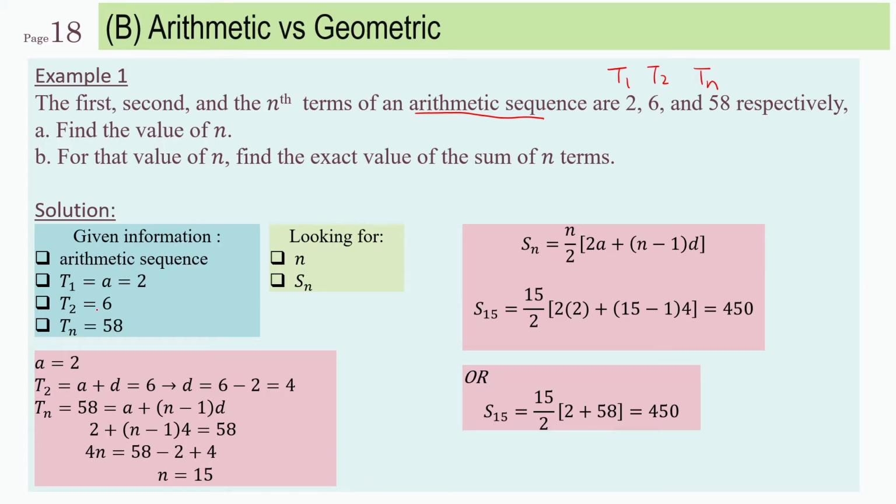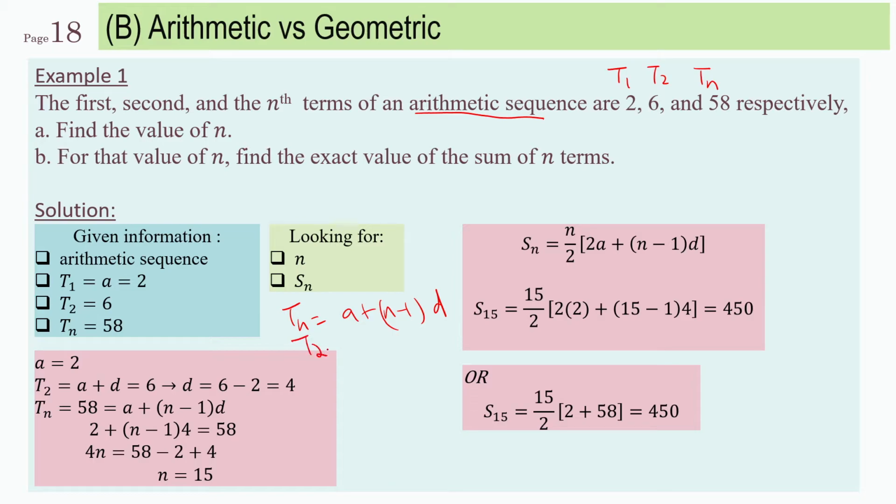So from here, we know that our A equals 2. What is our T2? Because it is arithmetic, in my mind it must be Tn equals A plus (n minus 1)D.